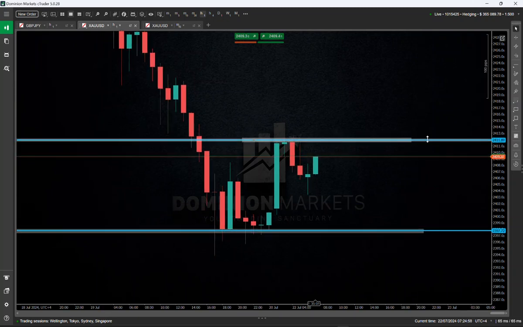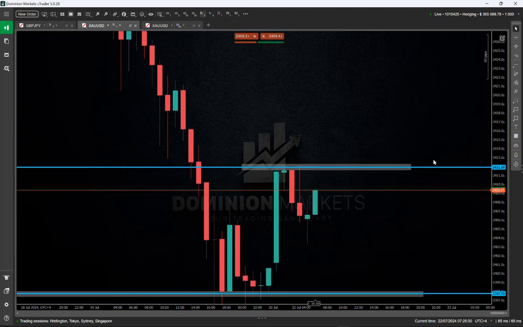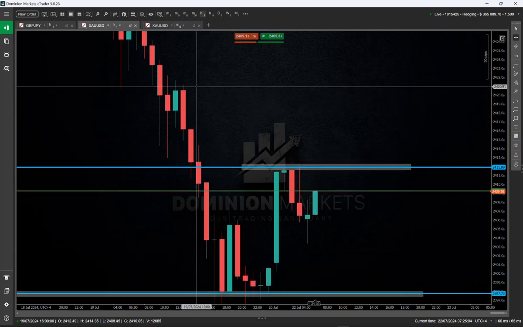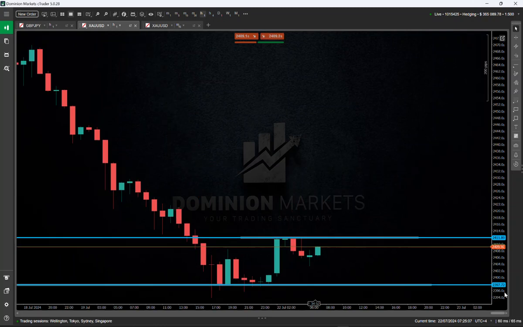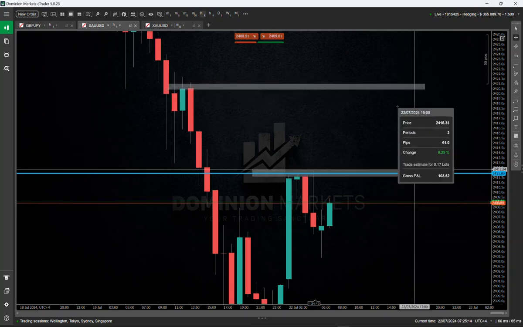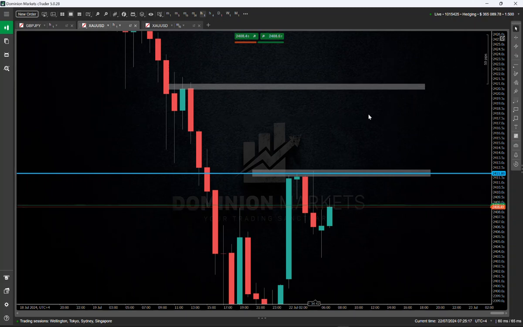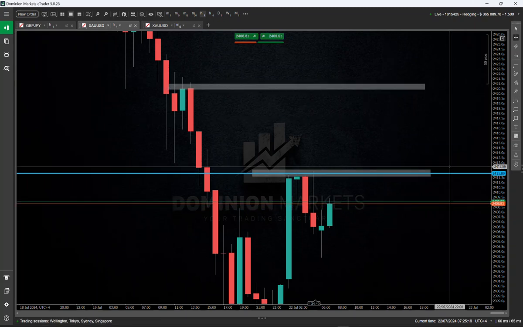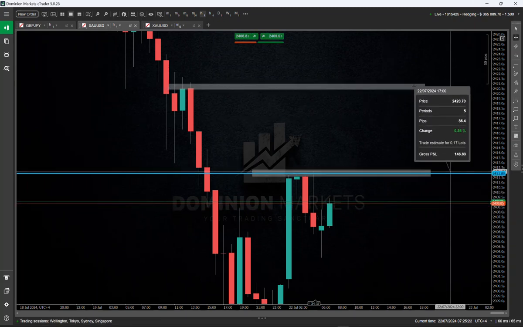I'm putting the blue line here because I know that if we break above 24.11, there's a clean range to the left hand side moving till 24.20. 24.20 is an area where we may get a target if price does continue to move up, and that's around 85 pips. So it's a pretty good range for price to move from 24.11 till 24.20.